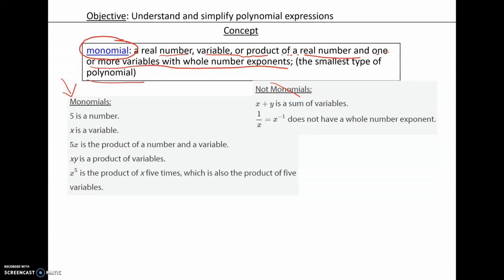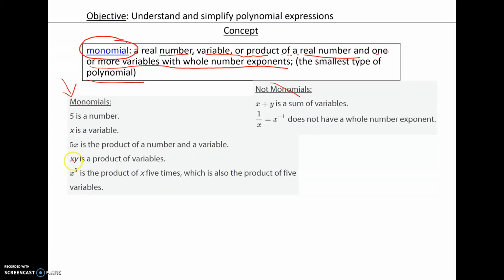So a monomial is, again, a real number, like 5, a variable, like x, or a product of a real number and one or more variables. So 5x: 5 is a real number, x is a variable, there's a product right there.